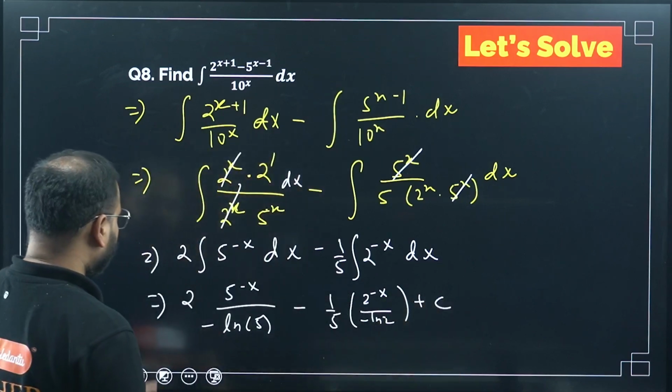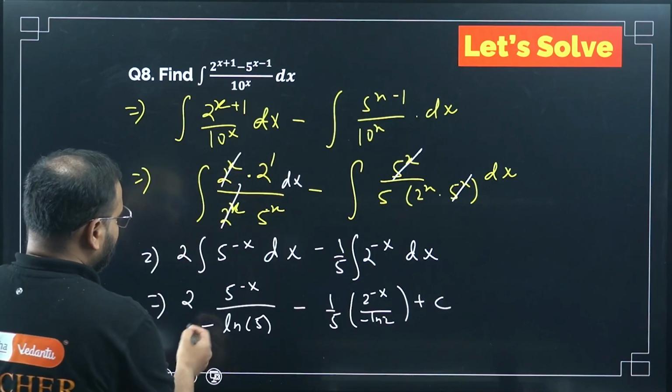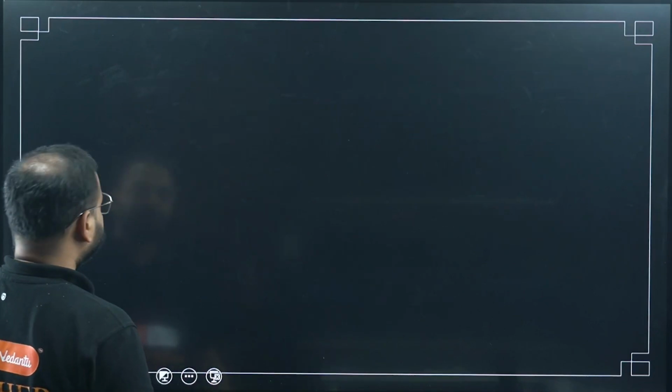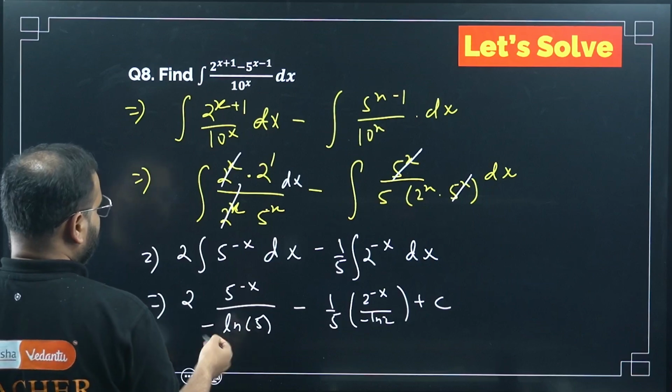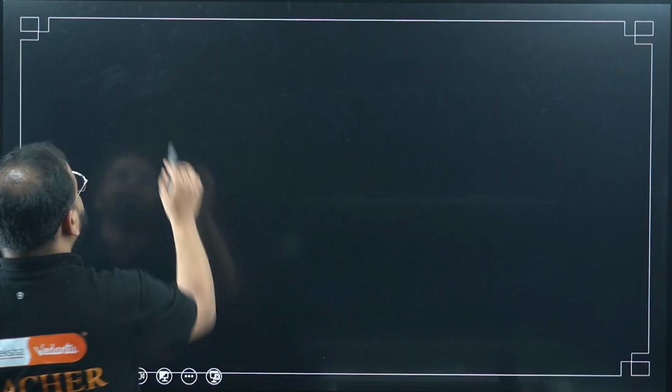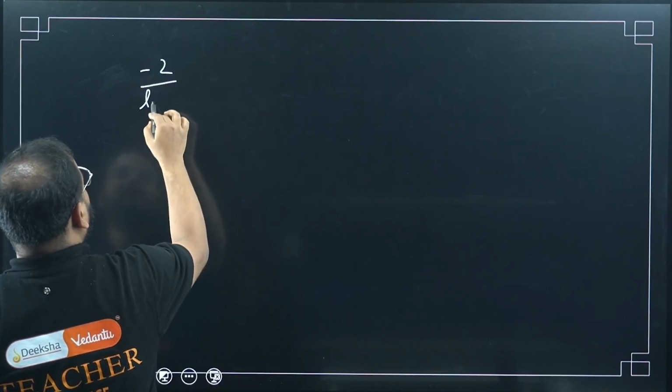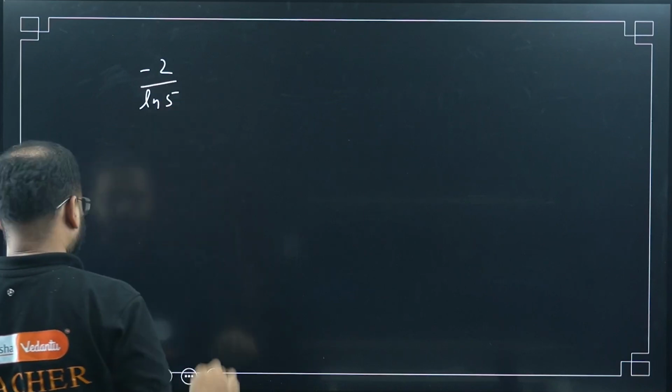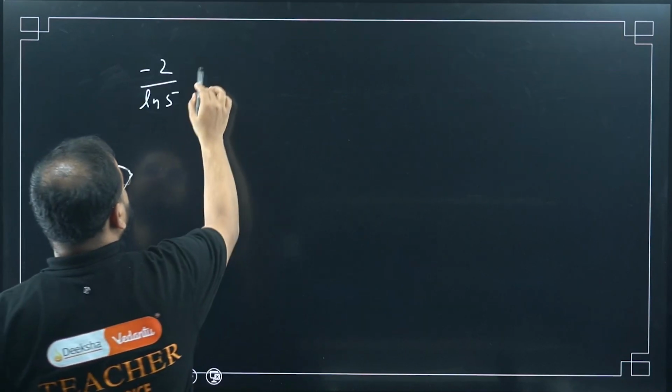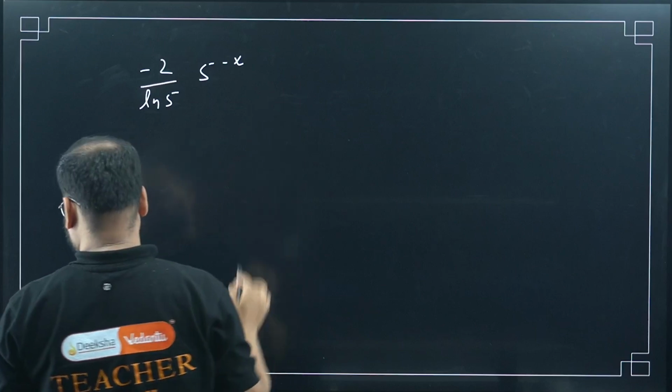Now if you see here, simplified answer, what is my final answer? Please check. My final answer would be minus 2 by ln 5 times 5 power minus x.